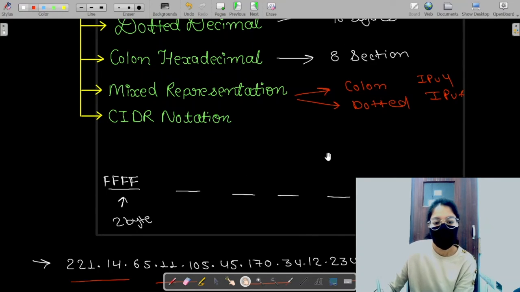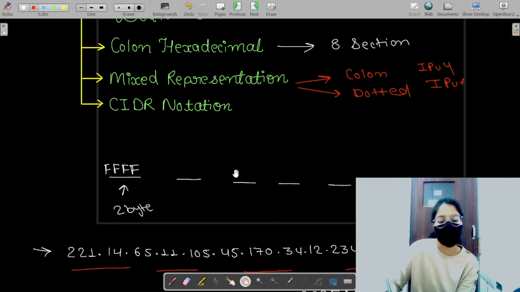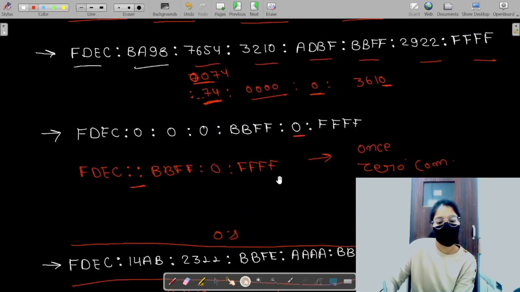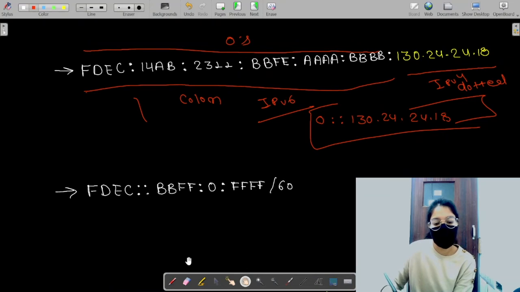So we use CIDR notation if we want to show a prefix of 60 bits. What does this mean? This is one example.